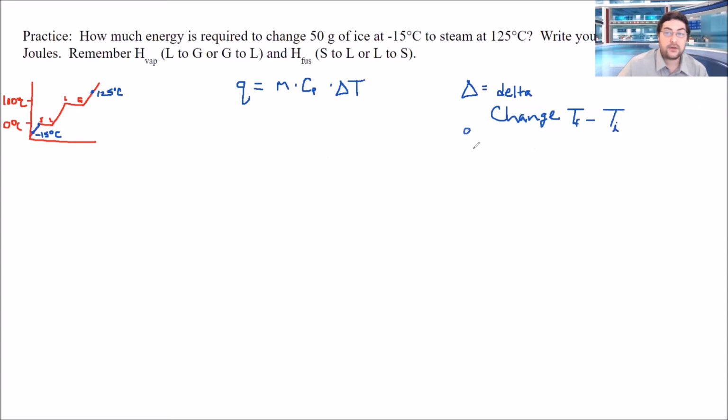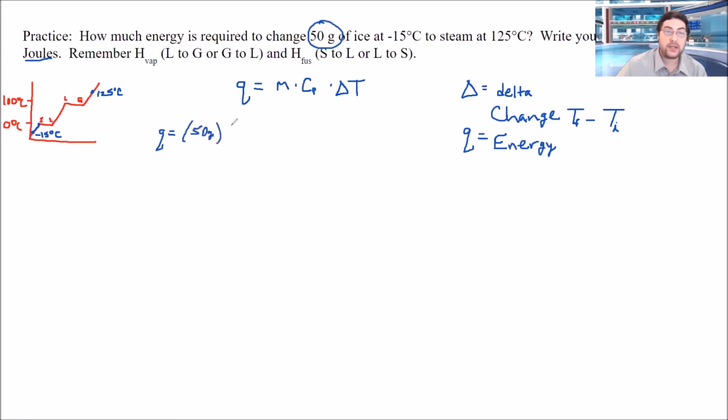Q is energy, all right? That little Q there represents energy, and because we're talking about water, it's going to be easier for us to put things in units of calories, and then we'll change it into joules at the end because that's what they asked for. Okay, so we're going to say Q equals, the mass that they gave us was 50 grams. So we're going to put our 50 grams in here.